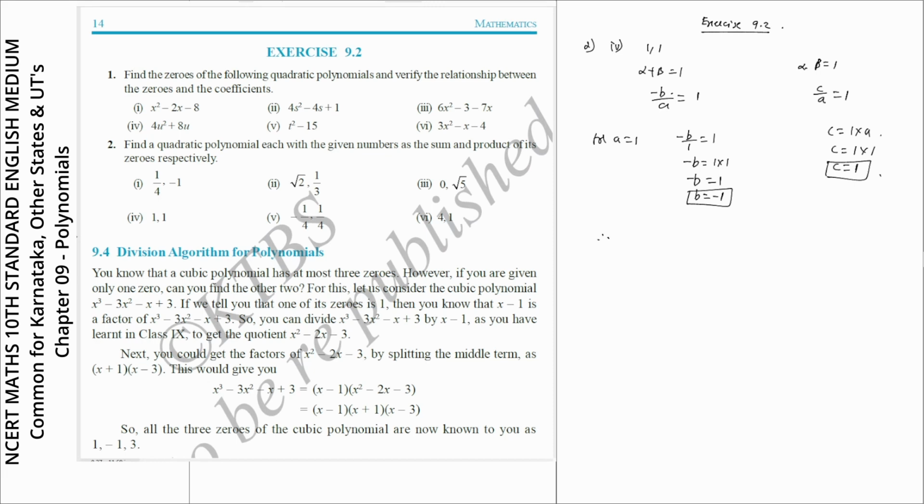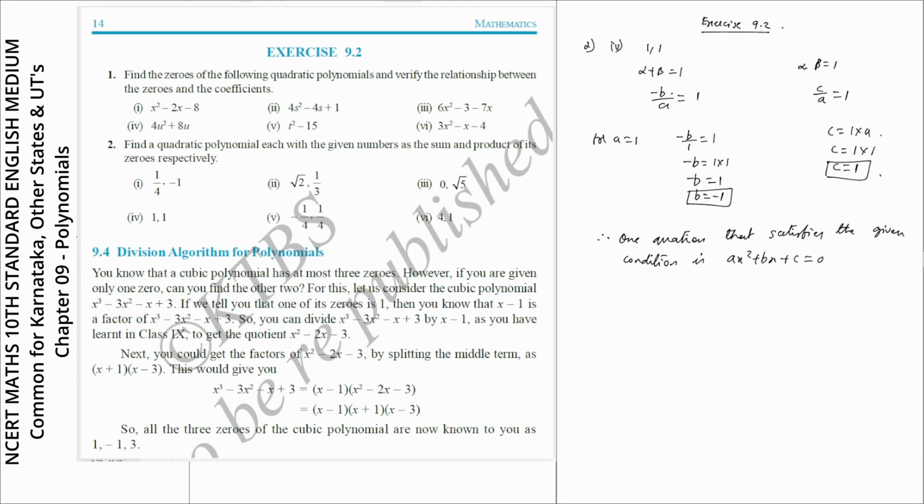Therefore one equation that satisfies the given condition is ax square plus bx plus c is equal to 0. What is the condition?